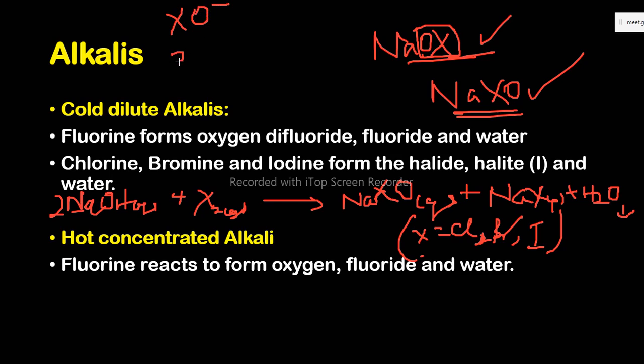If you assume the oxidation state of the halogen as X, plus the oxidation state of oxygen as -2, it is equal to -1. So if we take this to the other side, then X remains with the oxidation state of +1. So that's why it is halite 1.